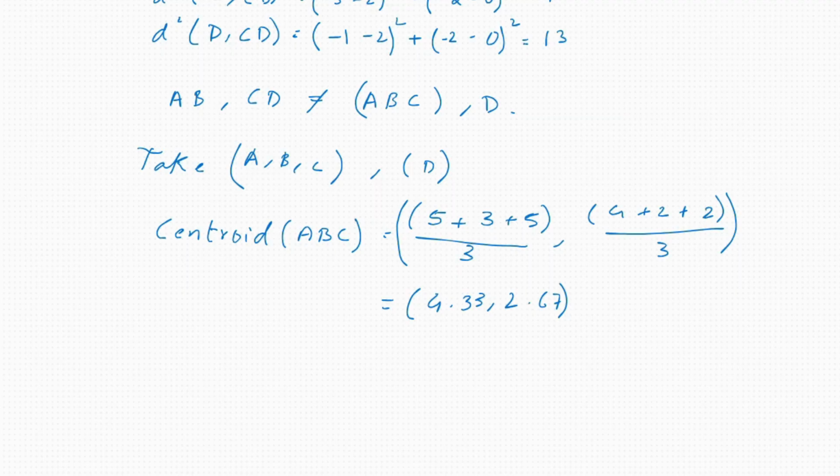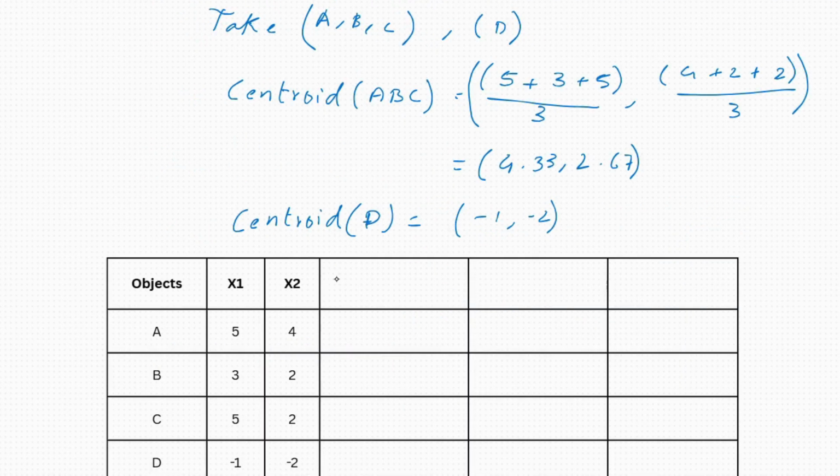That is the centroid of ABC. Centroid of D is minus 1, minus 2. Now we find the distances to the centroid 4.33, 2.67, and to centroid D, minus 1, minus 2.